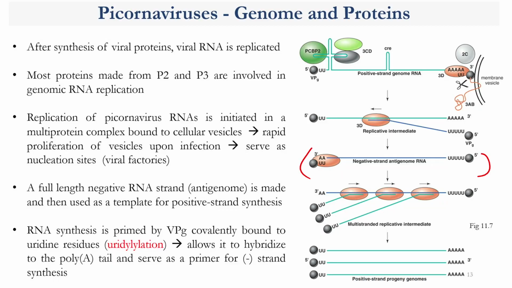So you start reading the template on 3' end, synthesize, and once you have this negative strand antigenomic RNA, now you can start making copies of that RNA, okay? So as a result, what you're going to make is the positive strand progeny genomes. So let's have a look here.